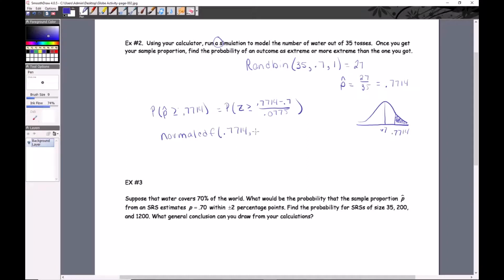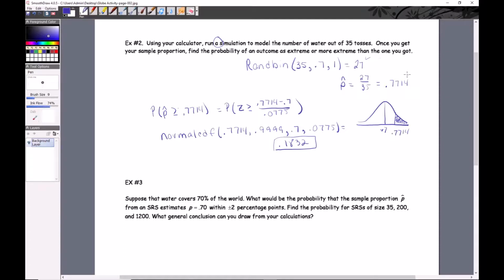The high end will be 0.9999. And that's 0.7 for the mean, 0.0775. And so that'll give us 0.1832. So about 18% of the time we would get a sample outcome this high or higher.